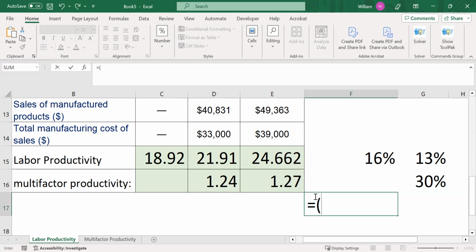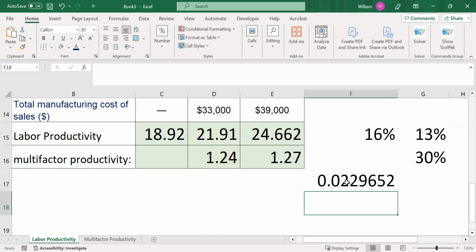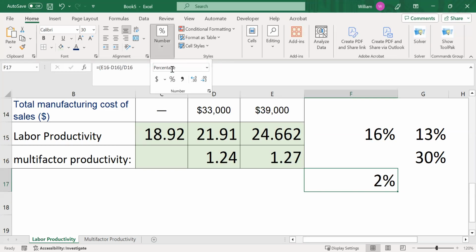So as a percentage, this minus 1.24 divided by 1.24 gives us a value of 2.3, right? So our multi-factor productivity went up by approximately 2.3% from 2022 to 2023.